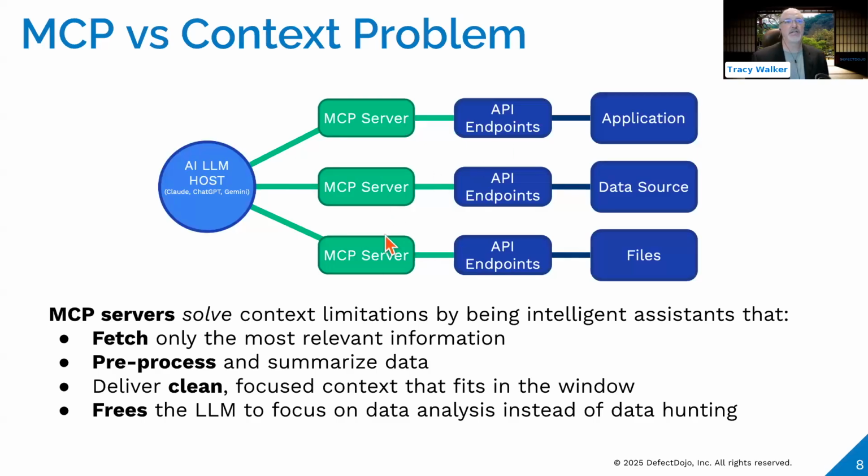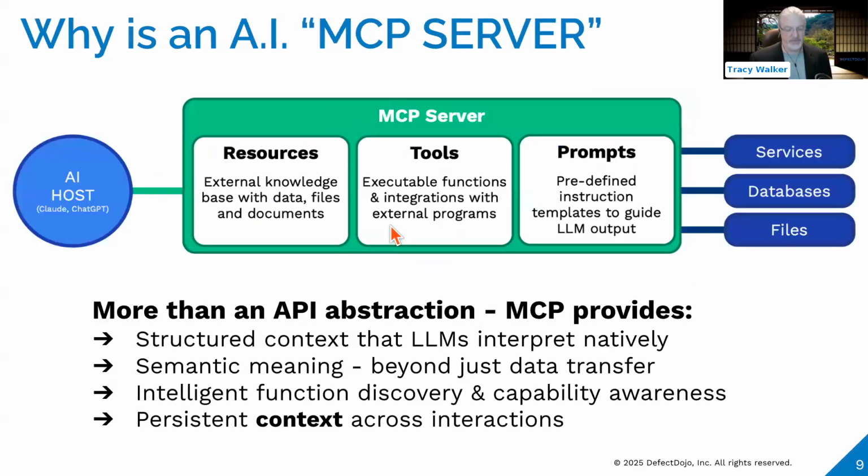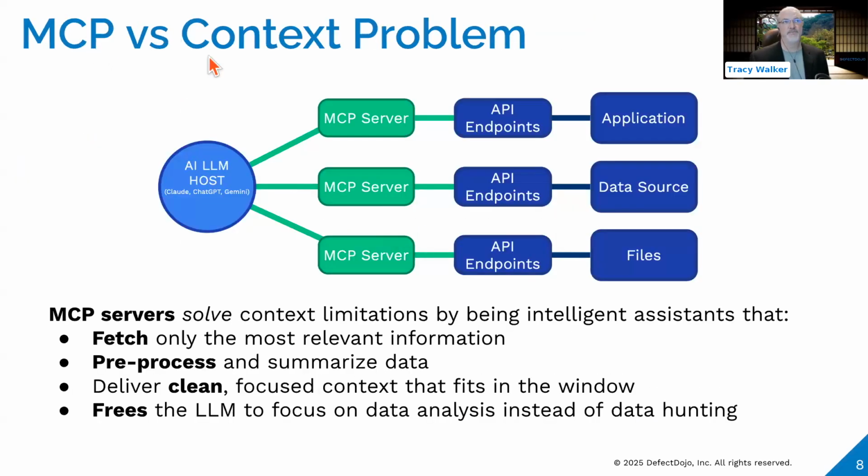Okay, so let's get back to why. So we're back to this context that we were talking about, that context window, right? This is why MCP exists. So MCP servers solve the limitations of that context window. They don't expose all the endpoints because that would fill up that window, right? So you have to be selective. You also want to understand the kind of questions you might be getting from the source of that data.